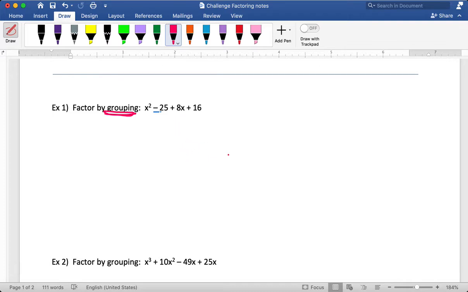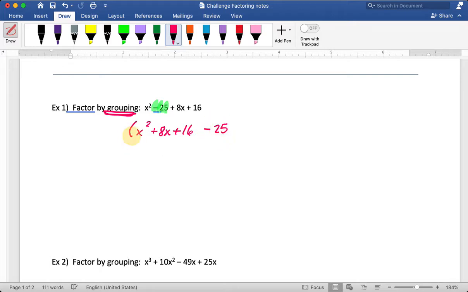The hint that I gave you above in the notes was that the term that was negative, let me just highlight this, gets grouped by itself. So I'm going to group this as a trinomial, x squared plus 8x plus 16, and then I'm going to group that one off by itself.